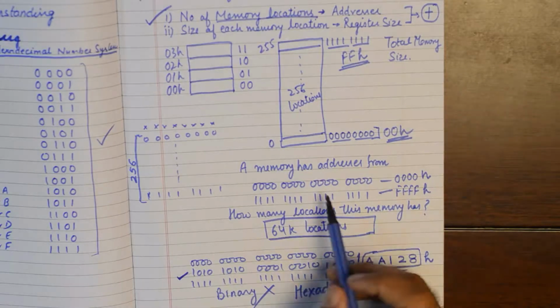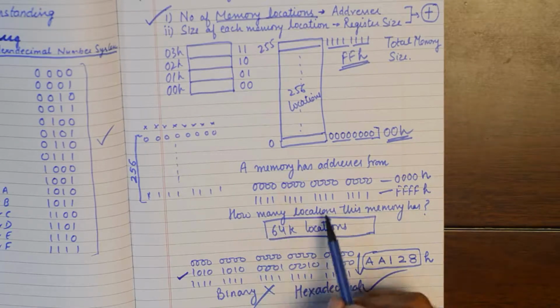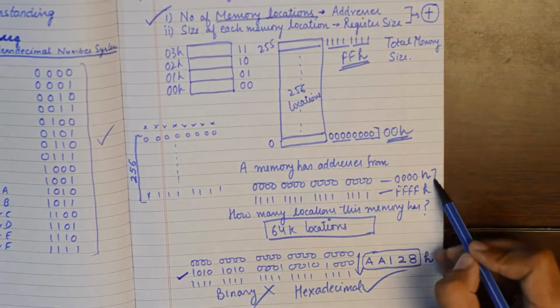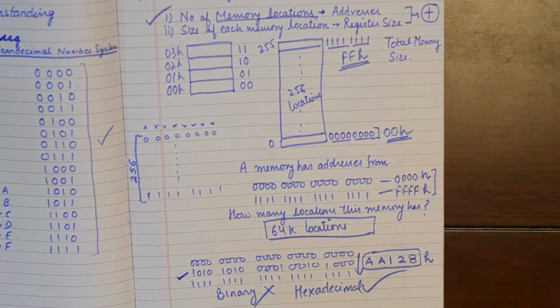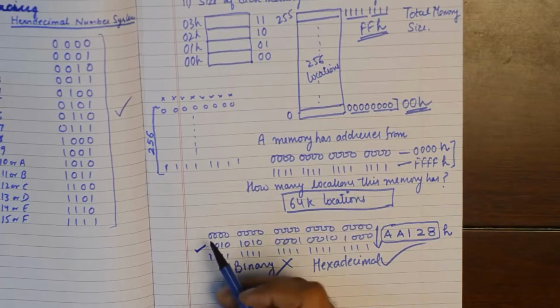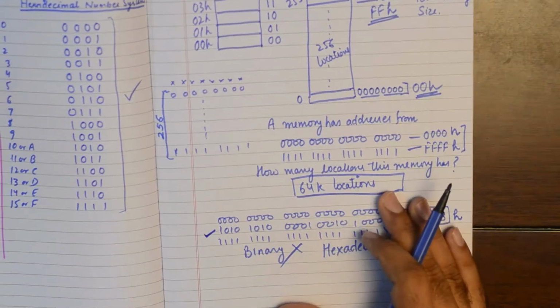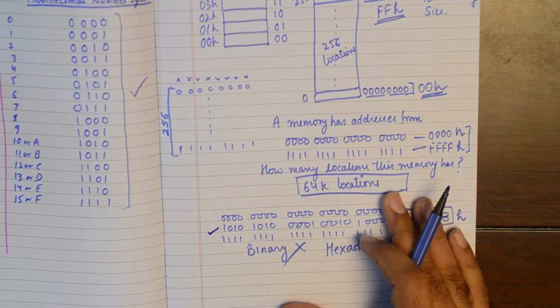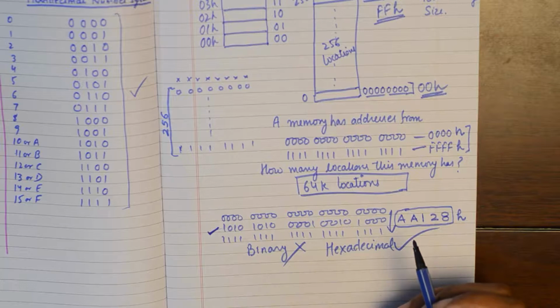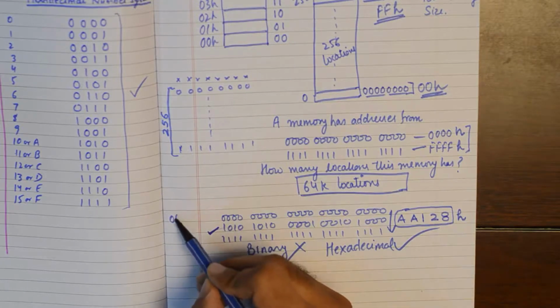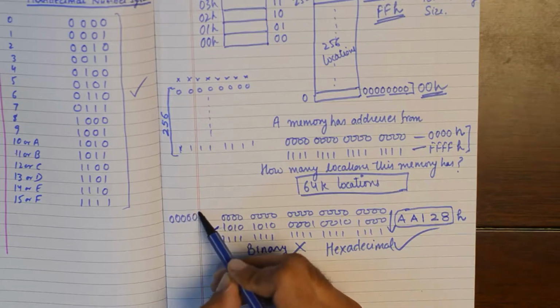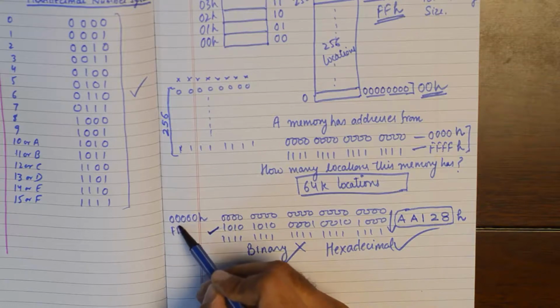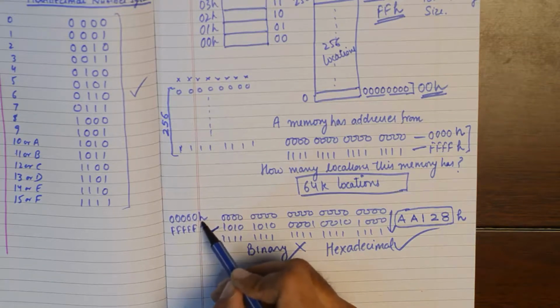So instead of saying out a long 16-bit number, we can just say 0000H to FFFFH. And in our last example, where we had a memory with a 20-bit long address, it will be specified as 5 times 0 to 5 times F, with H.